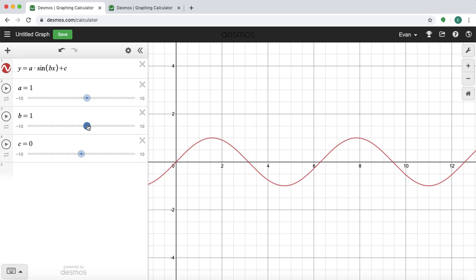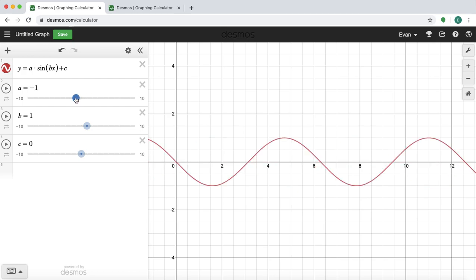So A stretches it. C causes a vertical shift up or down. When I make A negative, it causes it to reflect or flip, right? The maximums are now minimums, and the minimums are now maximums.